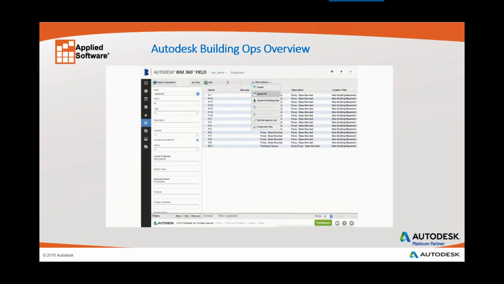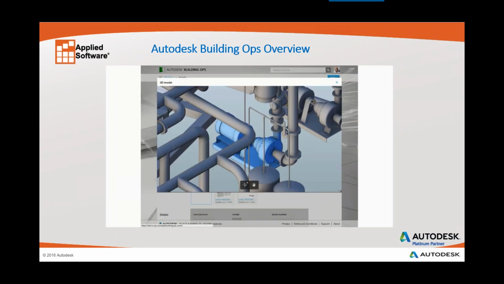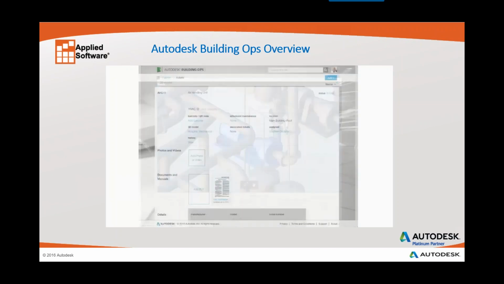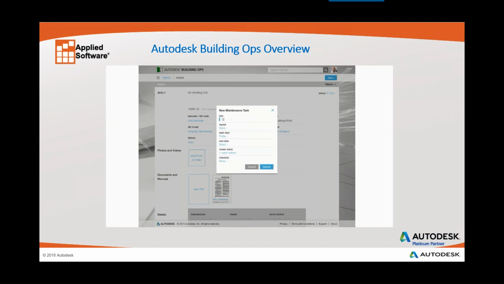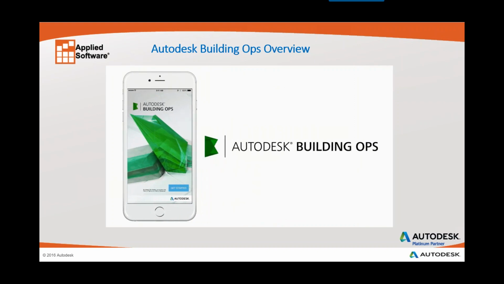Exporting equipment data from BIM 360 fields makes operating your new building on day one a possibility. Scheduled maintenance tasks and reusable setting up a preventative maintenance program easy. Building Ops helps provide for a better handover experience and helps you begin operating your building on day one by connecting BIM asset data to those who need it most.